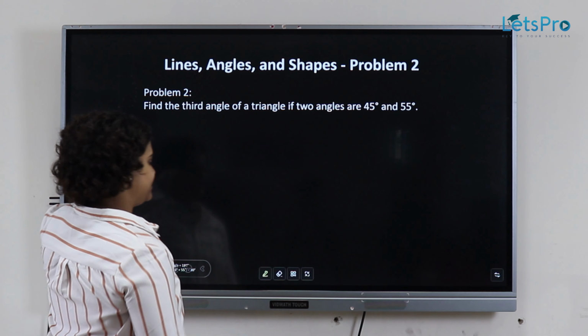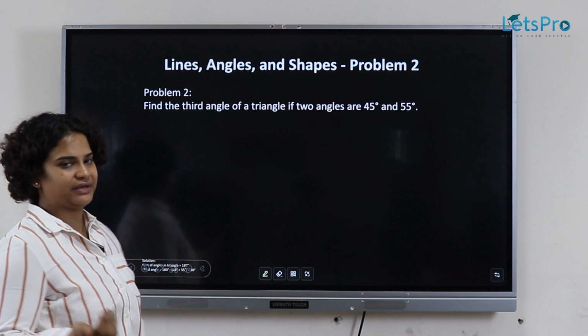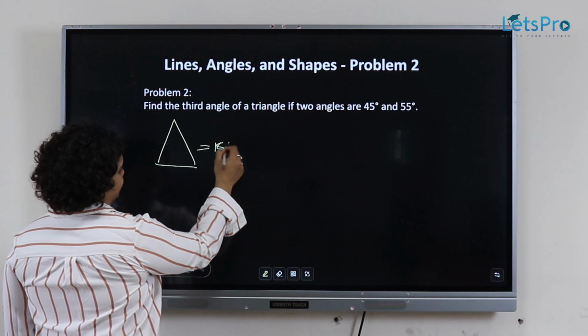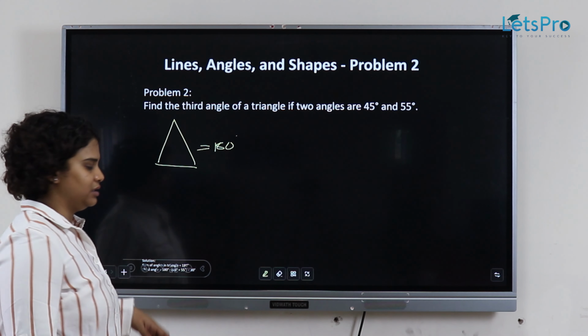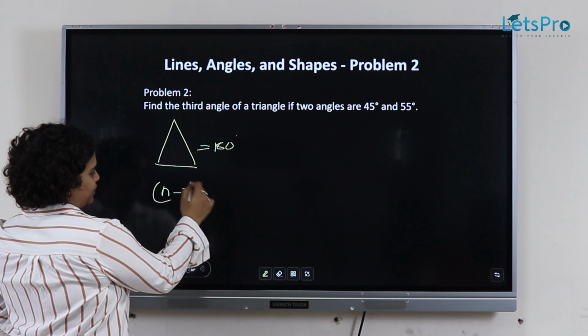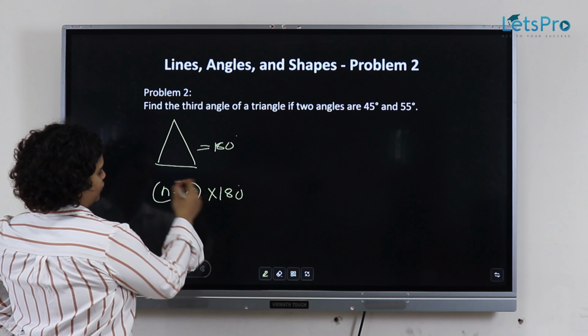Find the third angle of a triangle if two angles are 45 and 50. Relatively very simple. The total angle is always equal to 180 degrees in a triangle, right? How do I know it? n minus 2 into 180 degrees. What is n? n is 3.